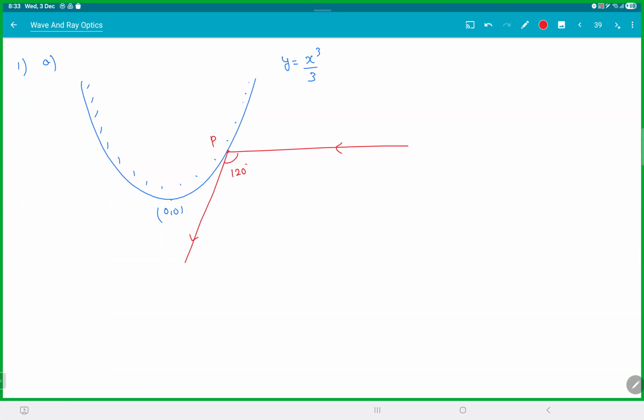Initially, the light ray is horizontal, a horizontal ray parallel to the x-axis.